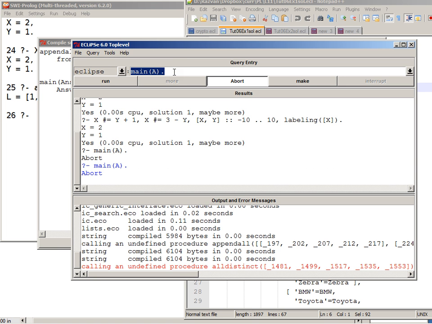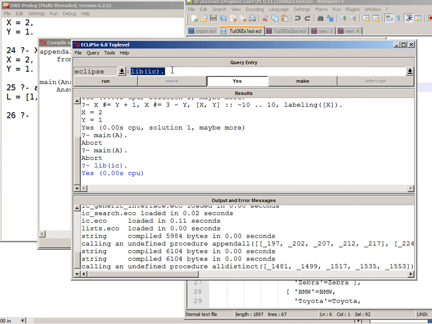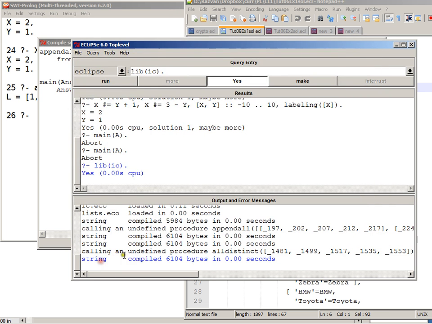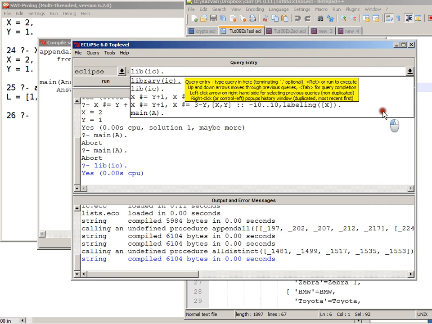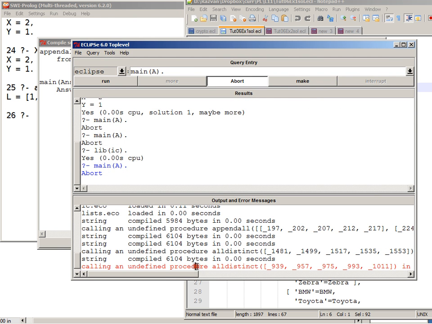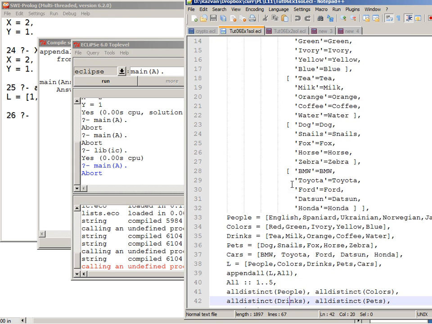We loaded the IC. I just ran it in the previous class.